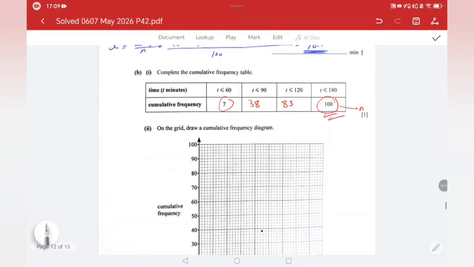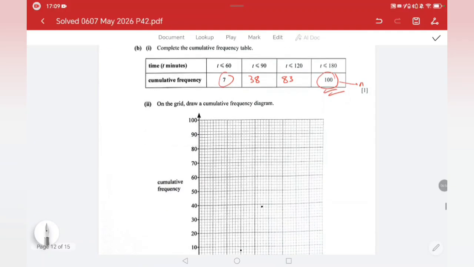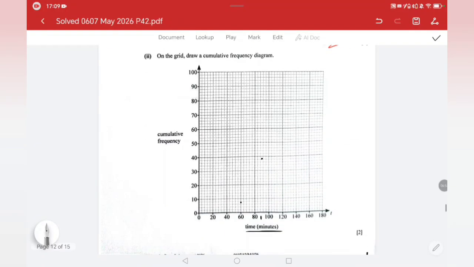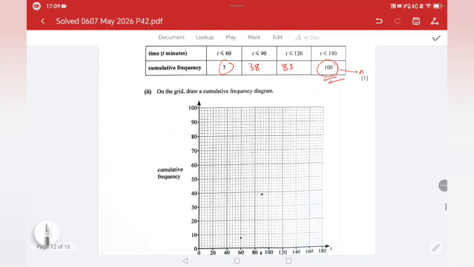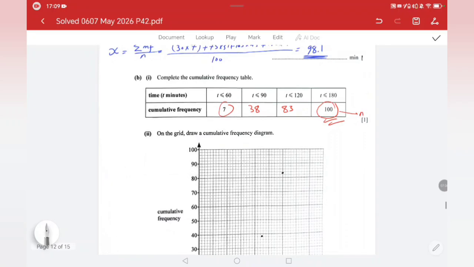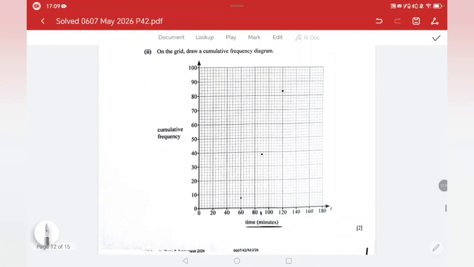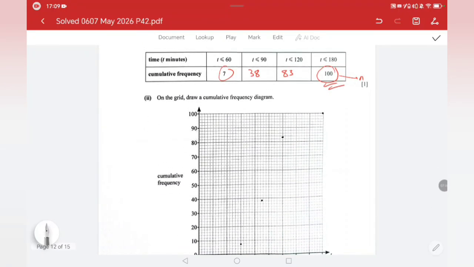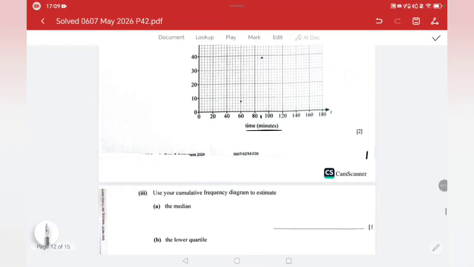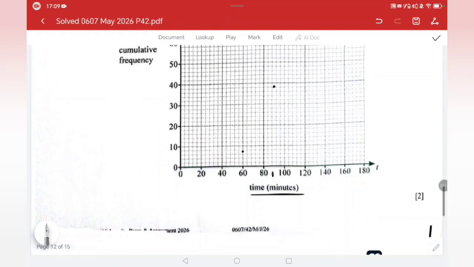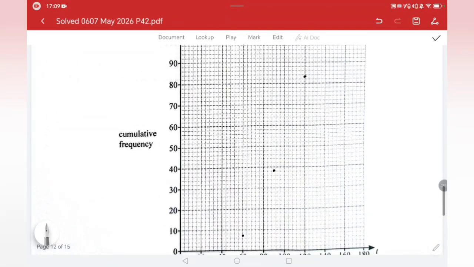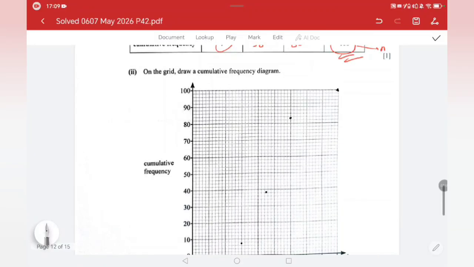Then 120 and 83. 83, let's see 80, 82, 84, 83 between them. And then 180 and 100 should be at the corner there. Okay, we need to connect all these points in a smooth curve.